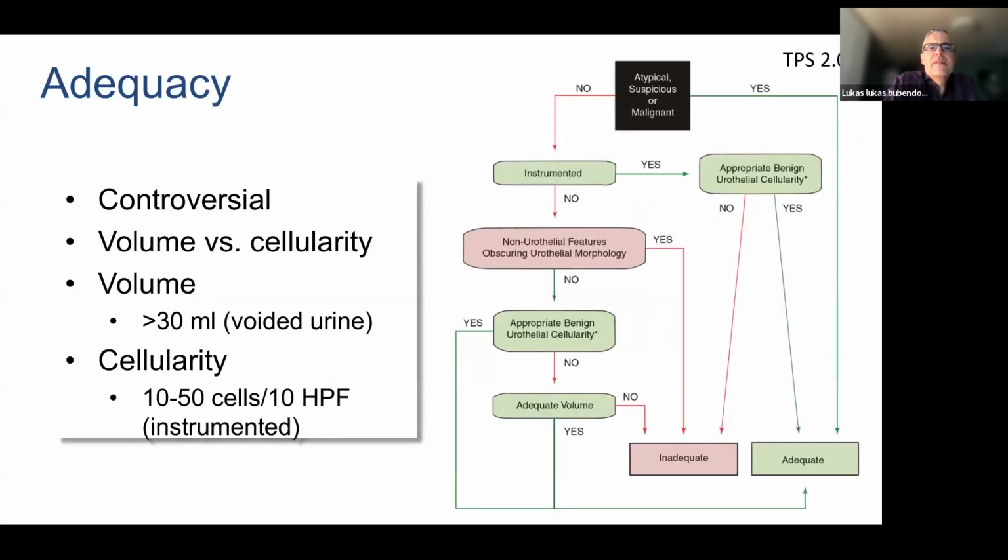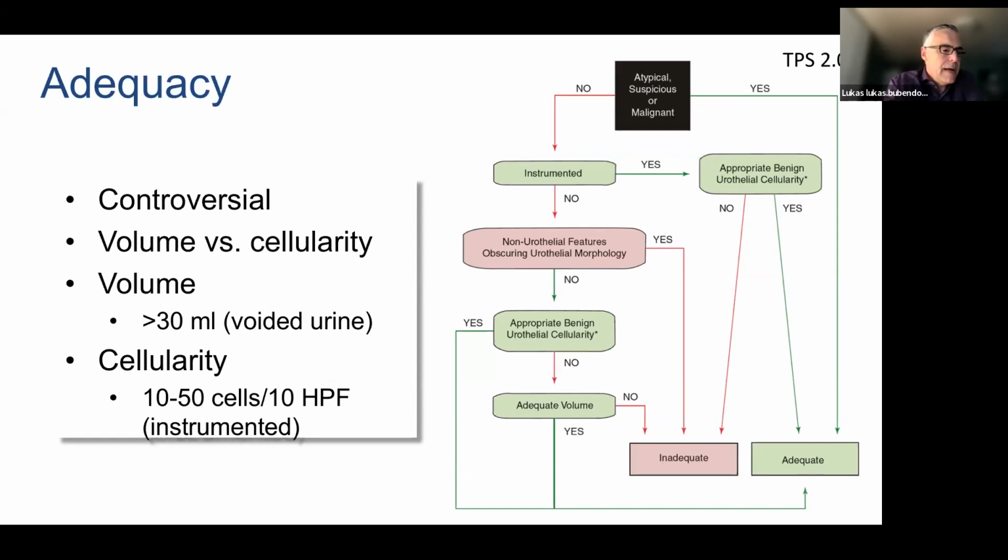One issue that always needs to be addressed, and that was a consensus now in the TPS book, was the adequacy of cytological specimens. That's across all fields, that's always an issue. It has remained a bit controversial because there is not a lot of evidence in the literature.